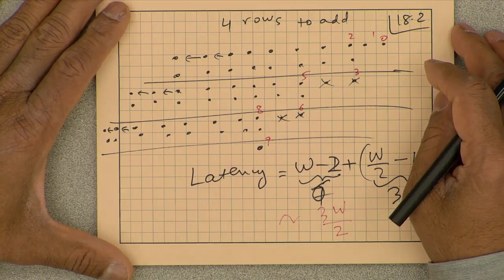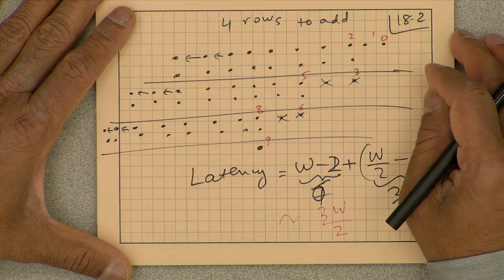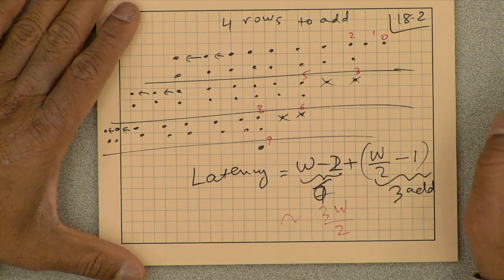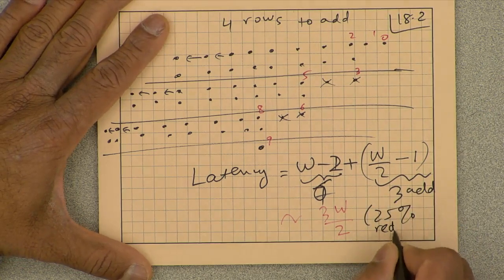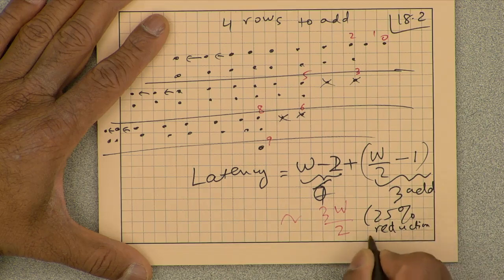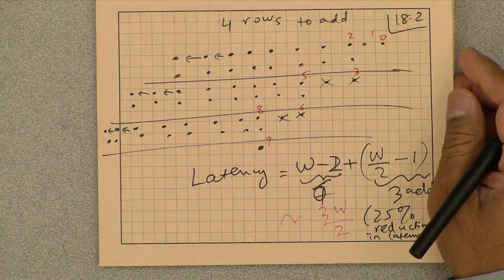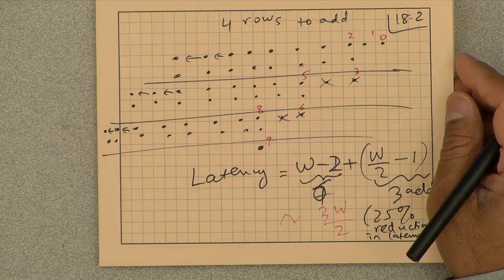It therefore reduces the latency from roughly twice the word length to 1.5 times the word length. So that's a 25% reduction in latency. Modified Booth recoding reduces the latency of the multiplication by 25%.